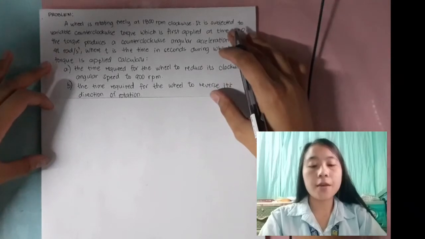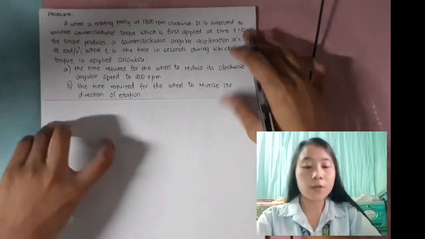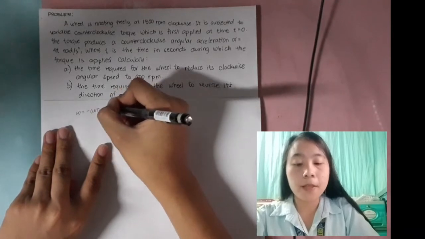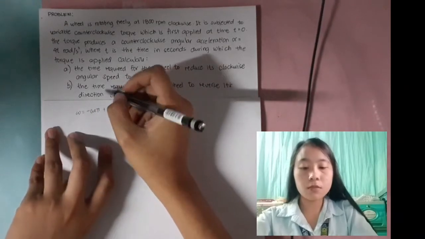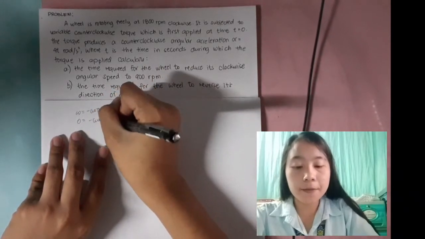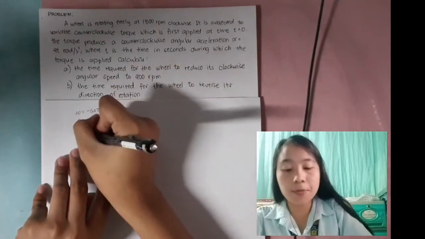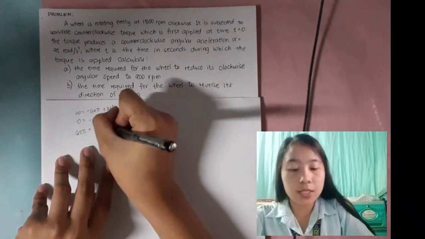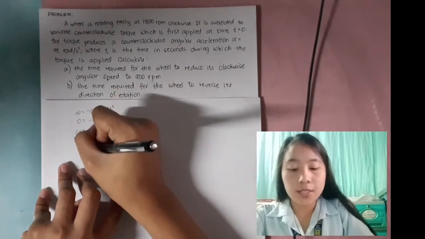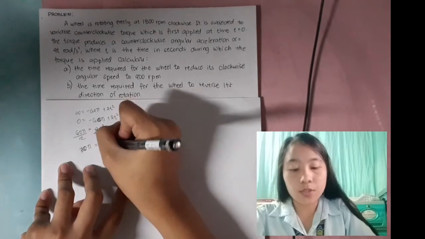Letter B. The time required for the wheel to reverse its direction of motion. We got earlier that omega is equal to negative 60 pi plus 20t squared. So we just equate the omega to 0. The negative 60 pi plus 20t squared, so 60 pi is equal to 20t squared. Cancel, and we get t squared.